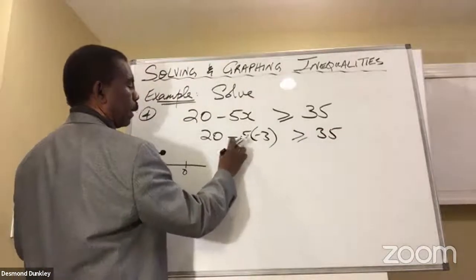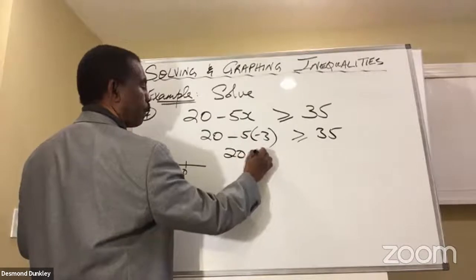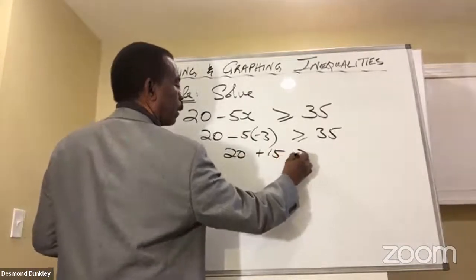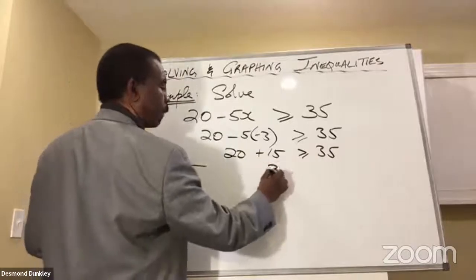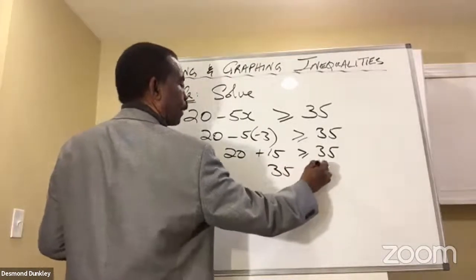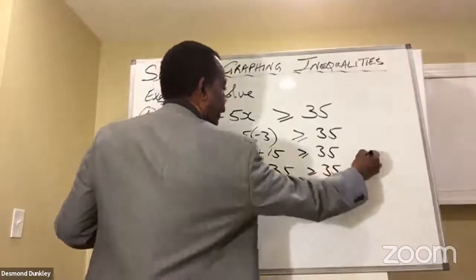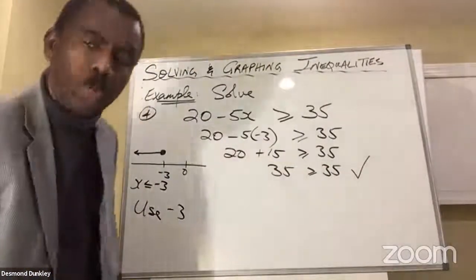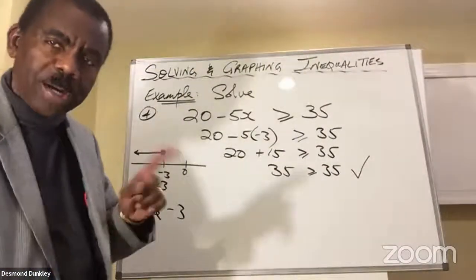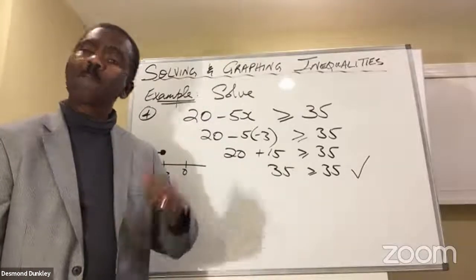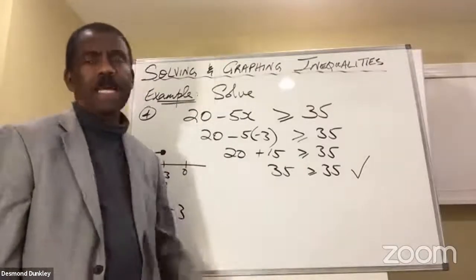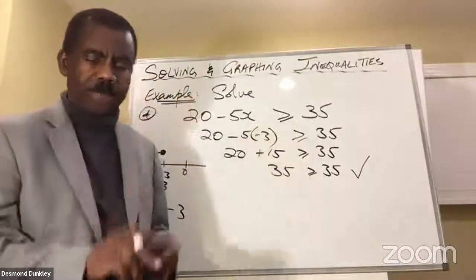Negative 5 times negative 3 is 15. 20 plus 15 is 35. Is that greater than or equal to 35? Yes, it is actually equal to 35. So the or means that it can be greater than or it can be equal to. So it satisfies the equal to, so it's good.